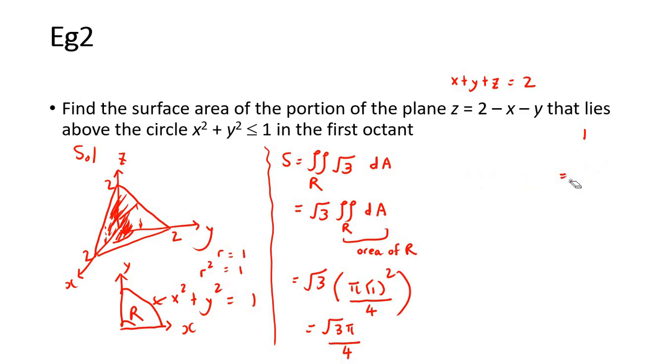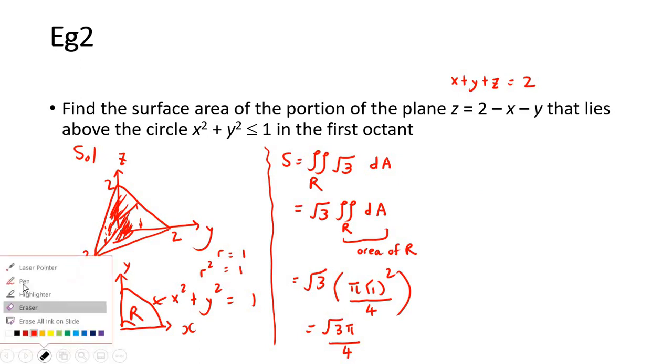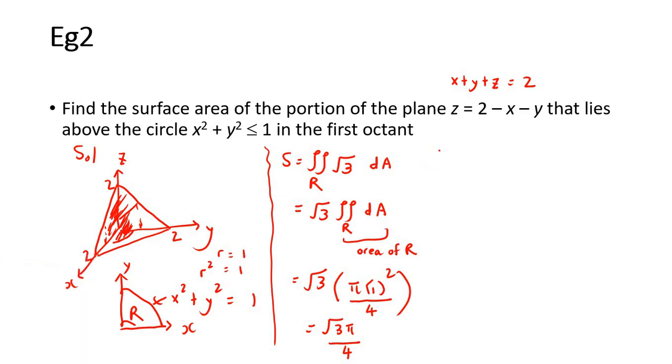Same as example 1, if you want to double check or practice your double integral, you can try to verify it. In polar coordinates, theta from 0 to pi over 2, r from 0 to 1, dA becomes r dr d theta.